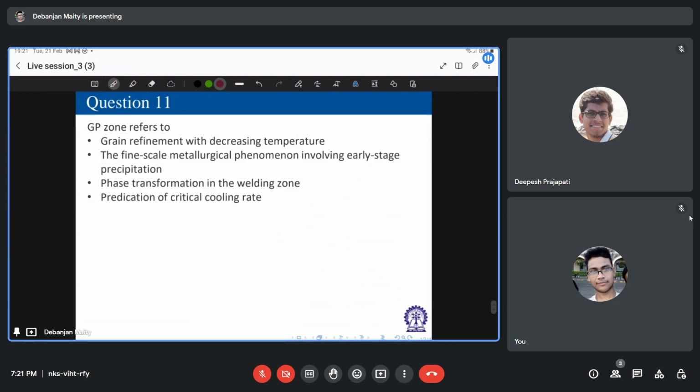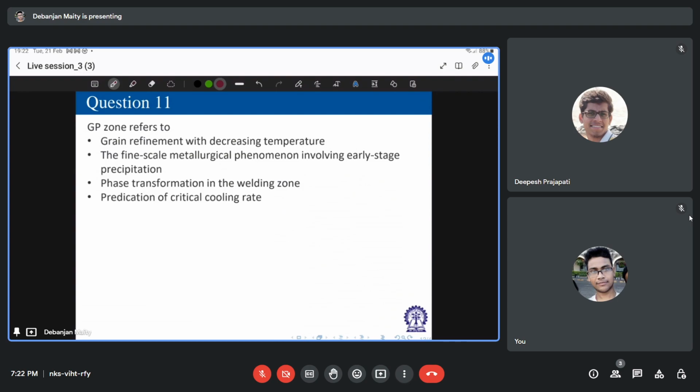So this is something from this GP zone. Now in GP zone, what happens? Basically, this is the precipitation hardening thing. Many alloy systems can be strengthened by the precipitation hardening mechanism.